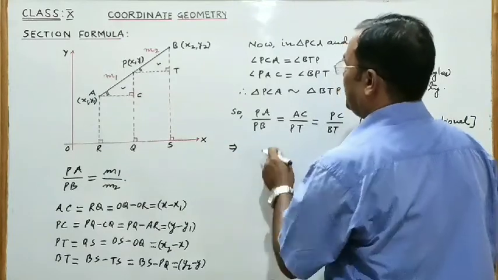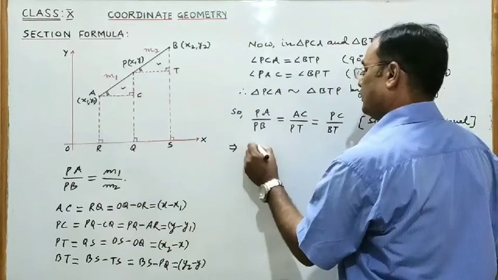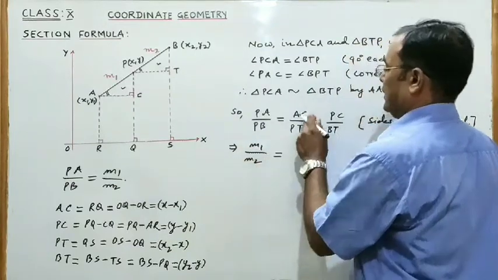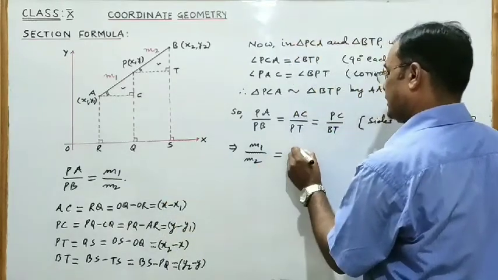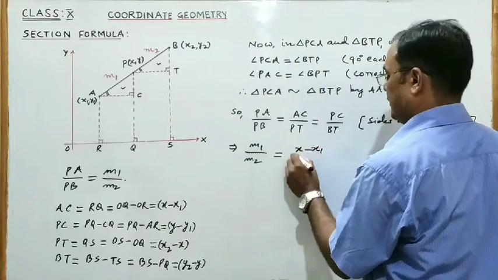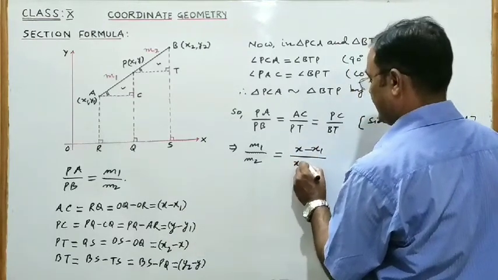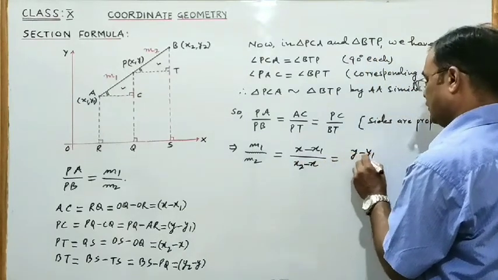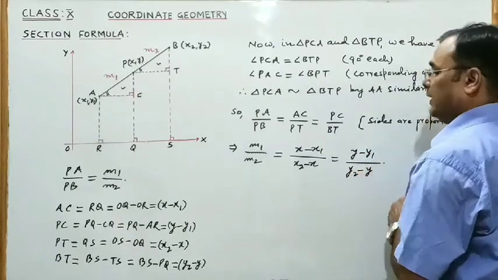This implies PA by PB equal to m1 by m2, AC by PT is (x minus x1) by (x2 minus x), equal to (y minus y1) by (y2 minus y).